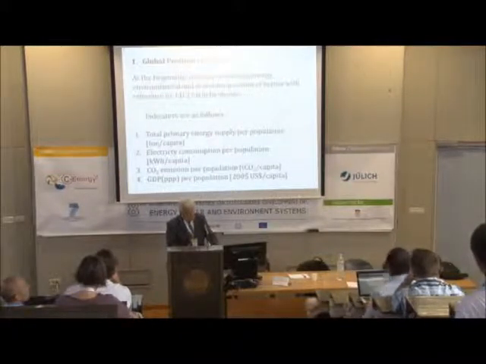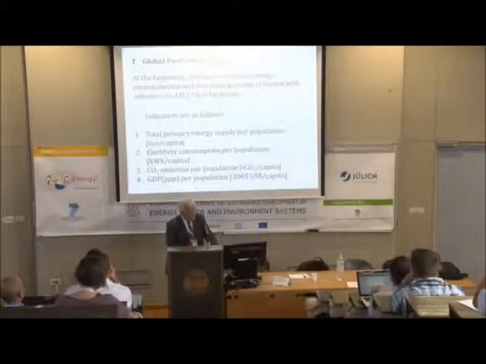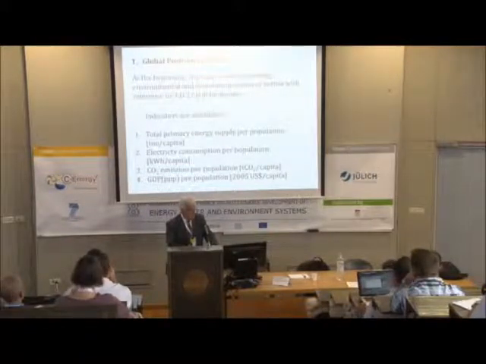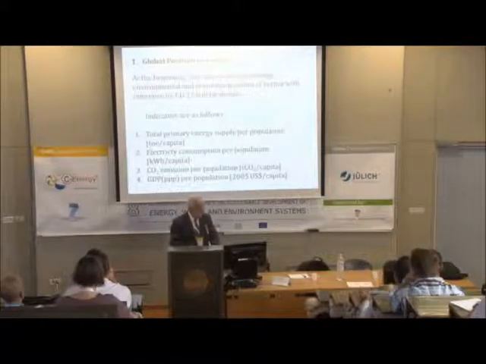Why do I use this one? Because total primary energy supply and population are well-known figures for each country, which means the mistake in this is small, and there is no problem calculating this indicator.